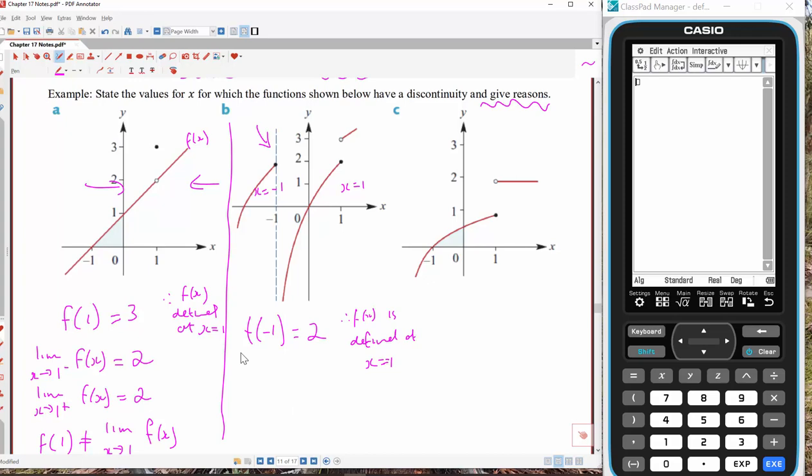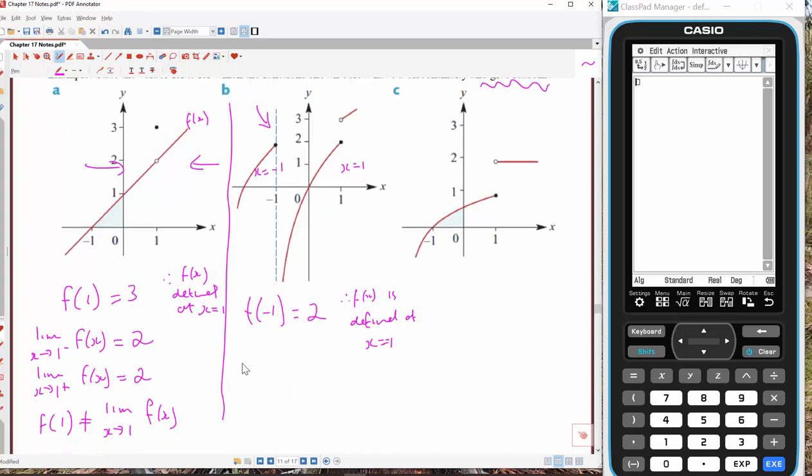All right, now let's do a limit check. So what we'll do is we'll go limit as x approaches negative 1 from the left-hand side. So let's swing in from the left and note that the value produced by the function looks to be getting closer and closer to 2. Okay, now let's swing in from the right. So approach negative 1 from the right-hand side for the function.